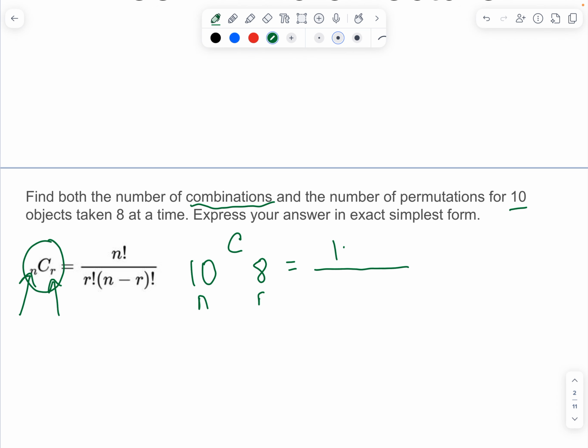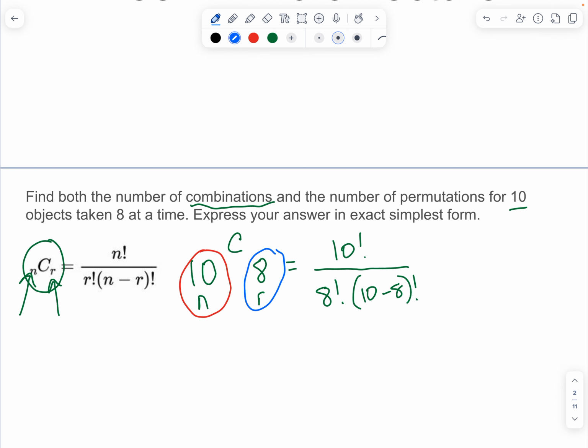So we have 10 factorial over R factorial, so that would be 8 factorial, times (n minus R) factorial, so 10 minus 8. And all I'm doing is just putting in our n right here, which is 10 total objects, and R for the number of objects we're going to take at a time. So once we have that in the formula, we can just kind of go for it from there.